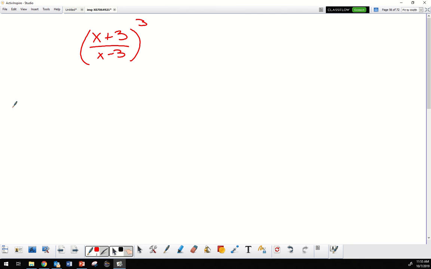Okay, so now we have a couple things going on here. I would consider the outside, especially because I have an exponent here and a quotient inside and on the outside. So I would consider all of this the outside, the u. It's basically u to the third.